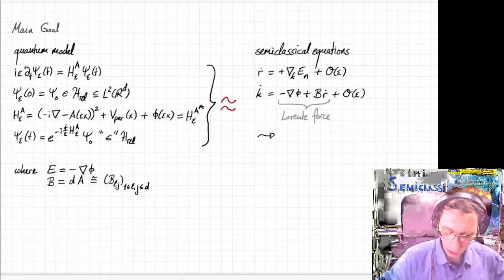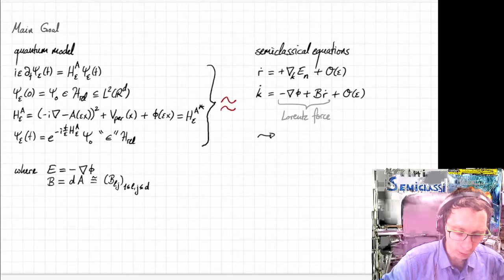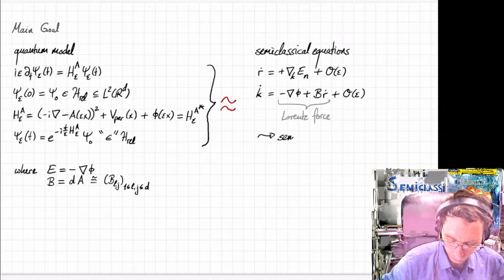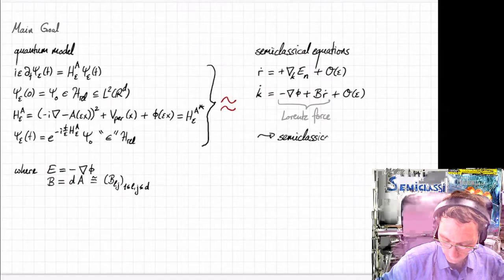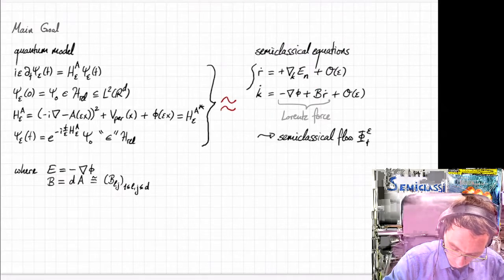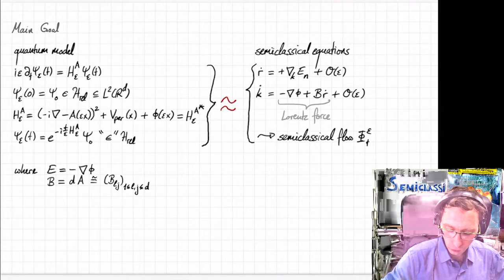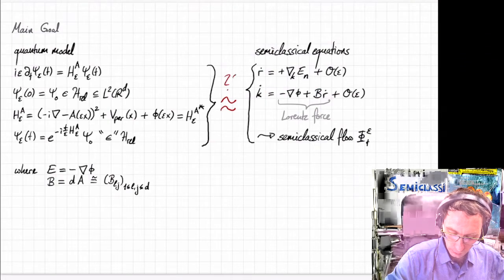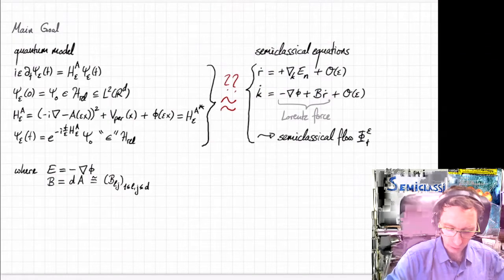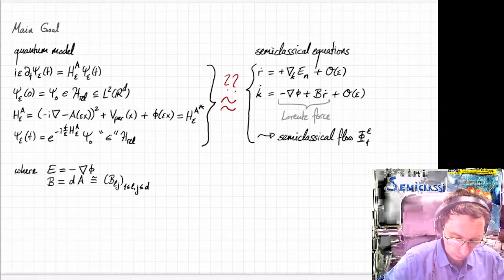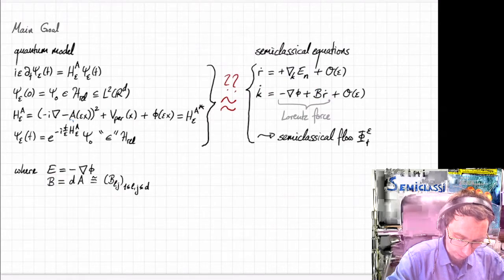So the dynamics are given by the semi-classical flow. And it is not at all clear how to actually do this, right? So let's just try and parse this a little bit further.